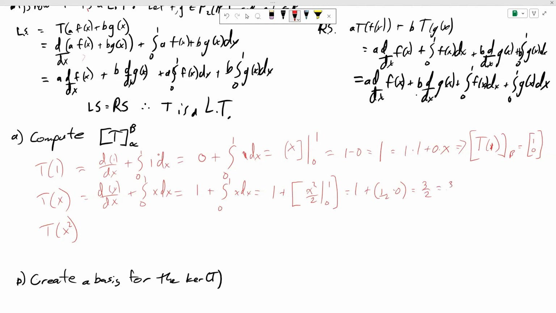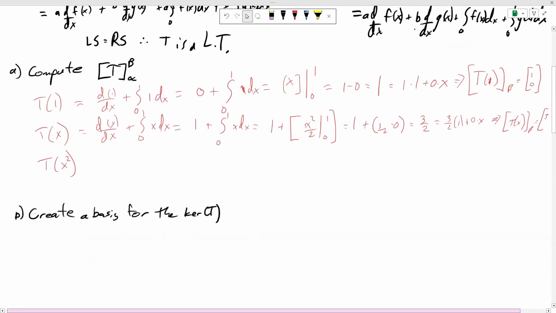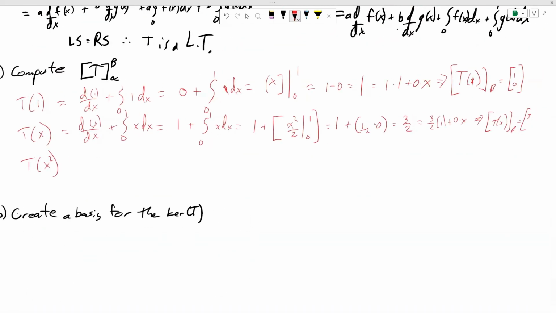That is equal to 3/2 times 1 plus 0 times x, which tells me that the coordinates of T of x in beta is (3/2, 0).